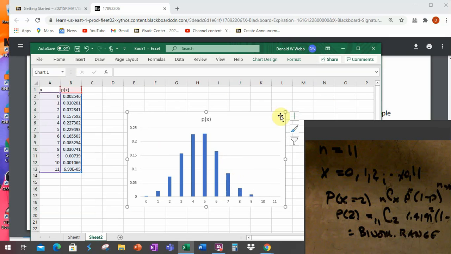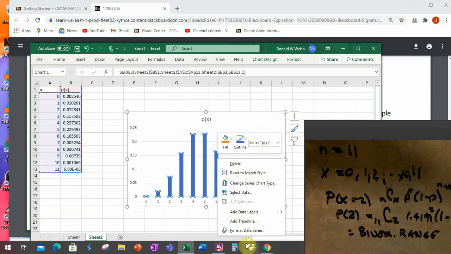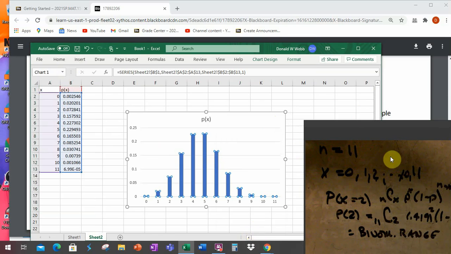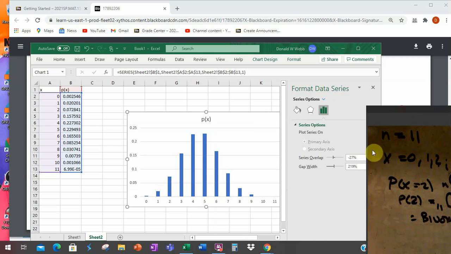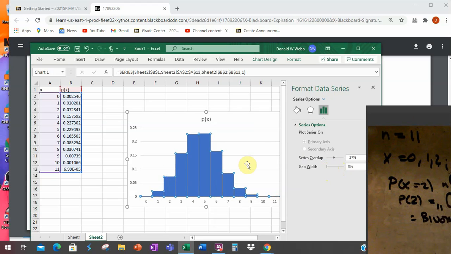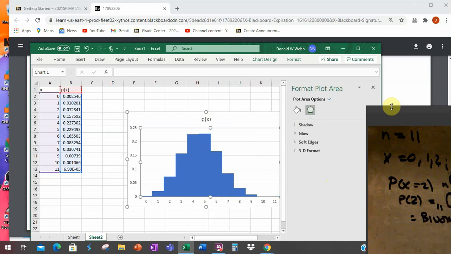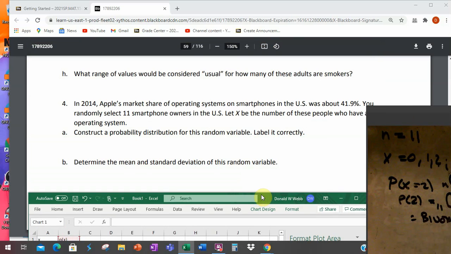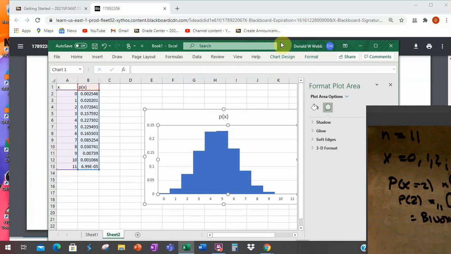We would shrink the distance between these bars to make it nice. Format my data series, and here's my gap width. And then if I come here and go to 0, then there's no overlap. Okay? But that's the probability distribution. So then it says, determine the mean and standard deviation.